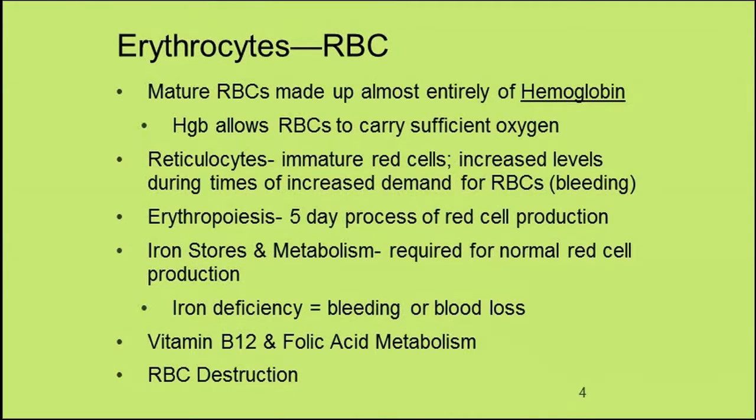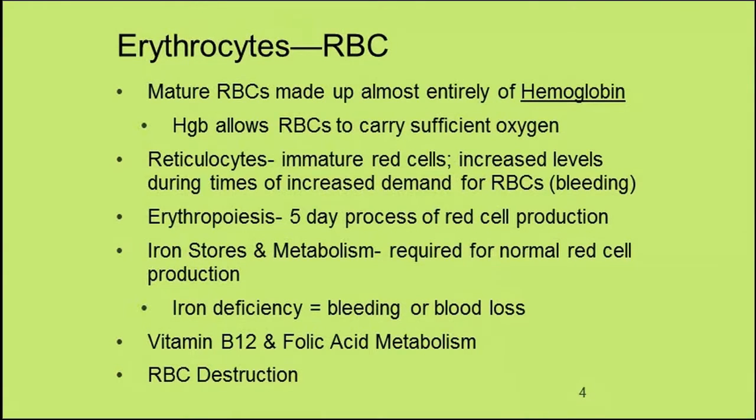It takes about 5 days for a red cell to mature, and of course blood loss can be faster than that 5-day process. So anytime we're wondering if there is a loss of mature red cells, we can do a reticulocyte count, and that will measure the level of immature cells present in the system.